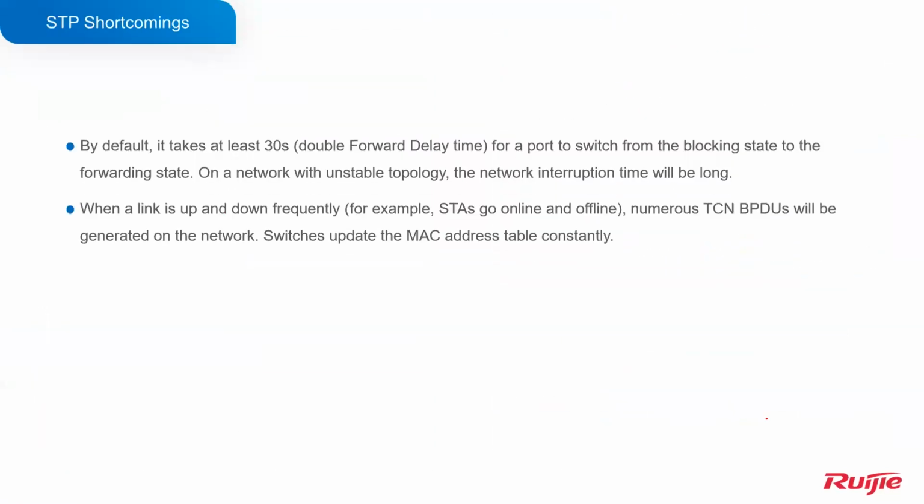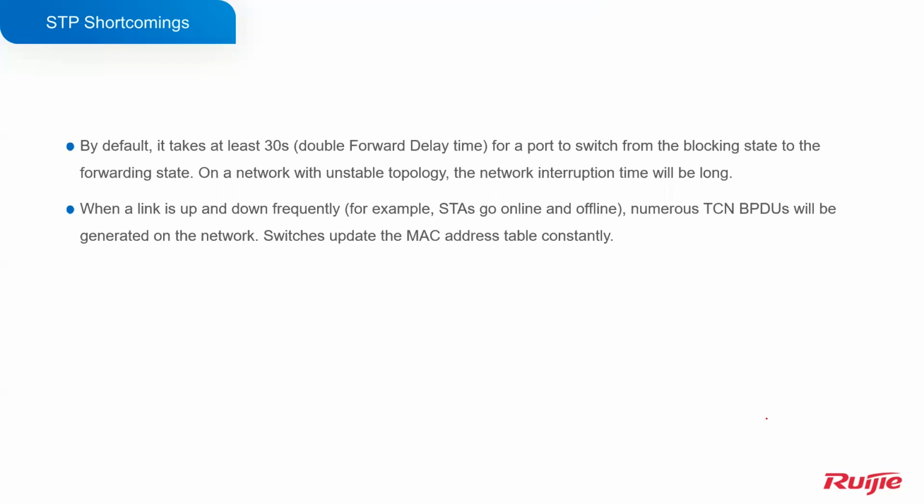Okay, and for the shortcomings of STP, you can see a summary here. By default, it takes at least 30 seconds for a port to switch from the blocking to forwarding state. On a network with unstable topology, the network interruption time will be long. And when a link goes up and down frequently, numerous TC BPDUs will be generated on the network.